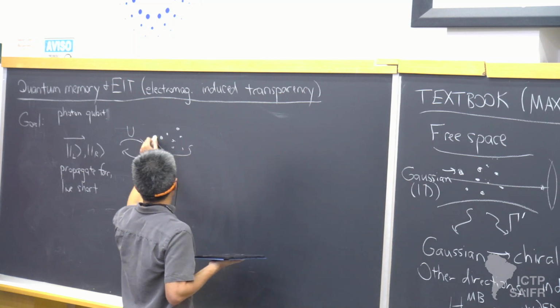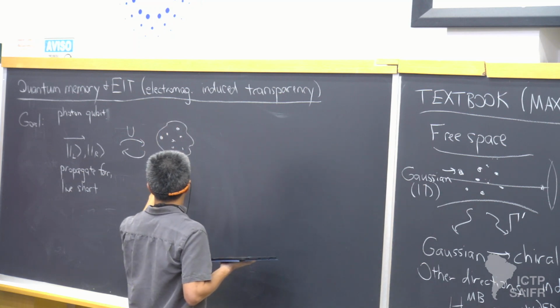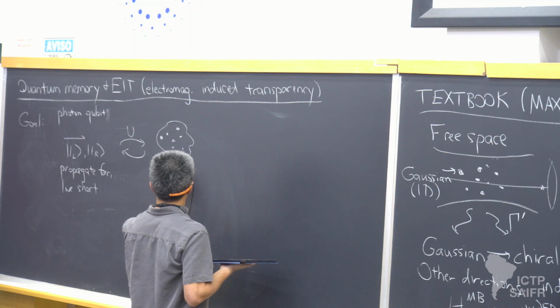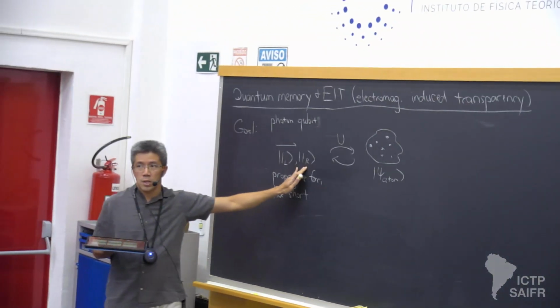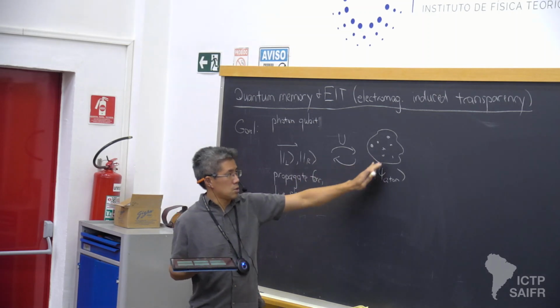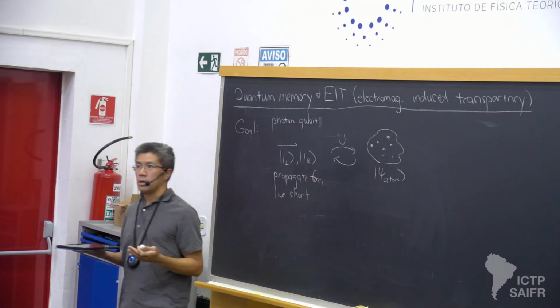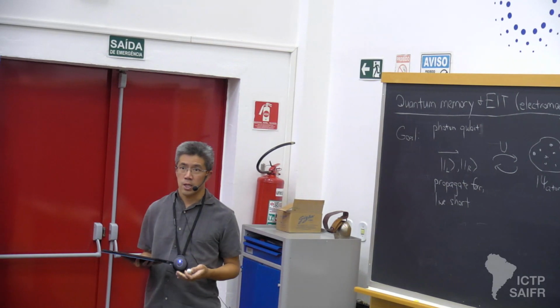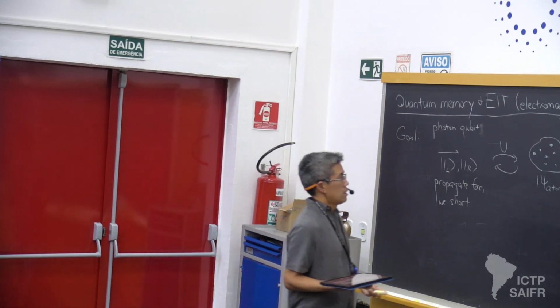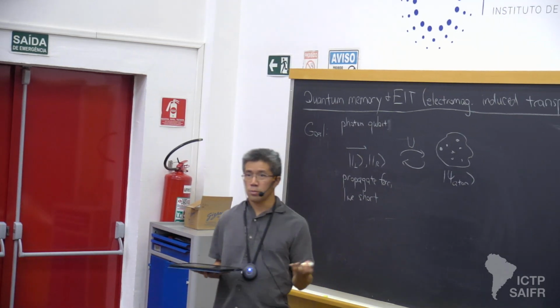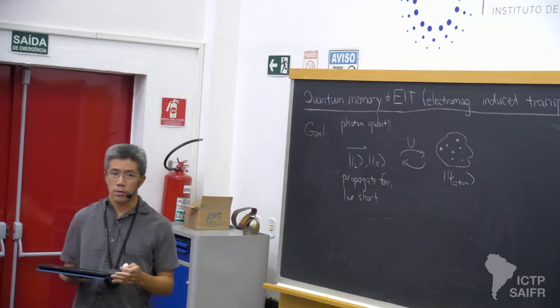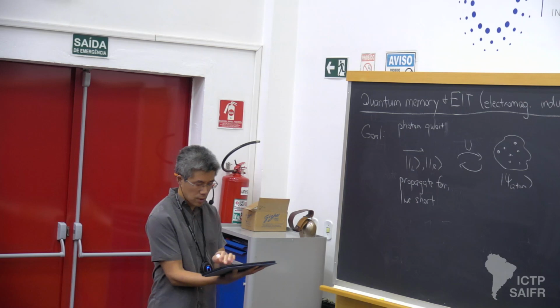So the end goal is somehow to get these two orthogonal photon states to get absorbed into two orthogonal atomic collective excitation states, right? And then hopefully these atomic excitations will live for much longer than photons can. Okay, so that's the goal.